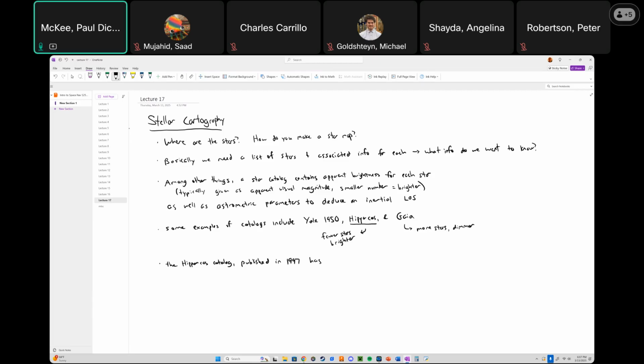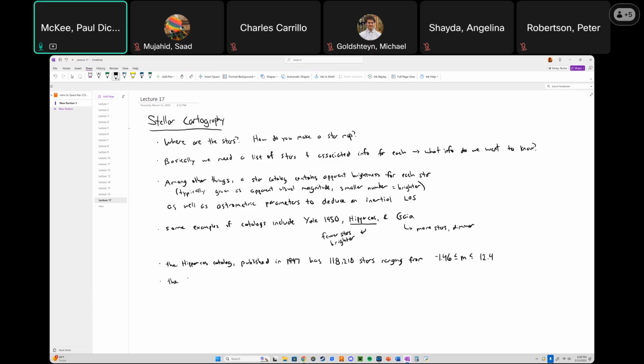It has 118,218 stars, ranging from negative 1.46 as the brightest, so that's got to be Sirius. M is the visual apparent magnitude, and the dimmest one is 12.4 in Hipparcos. We're not going to go anywhere near that because our navigation cameras are generally not much more sensitive than the human eye. So we'll say apparent magnitude 6 or even 5.5 is a good point to cap it.